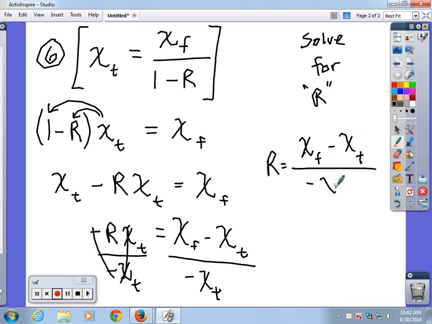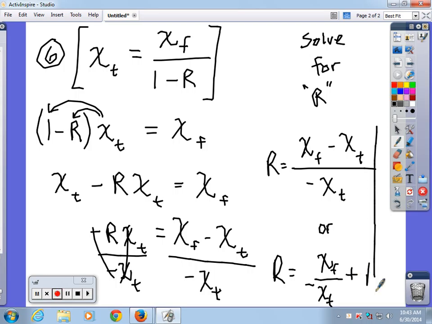Wouldn't the x of t cancel out then? Yeah, but you have to put it at the... you could write it like this, or r is equal to x of f over negative x of t plus 1. Either one of these. Why wouldn't the x of t cancel out completely?